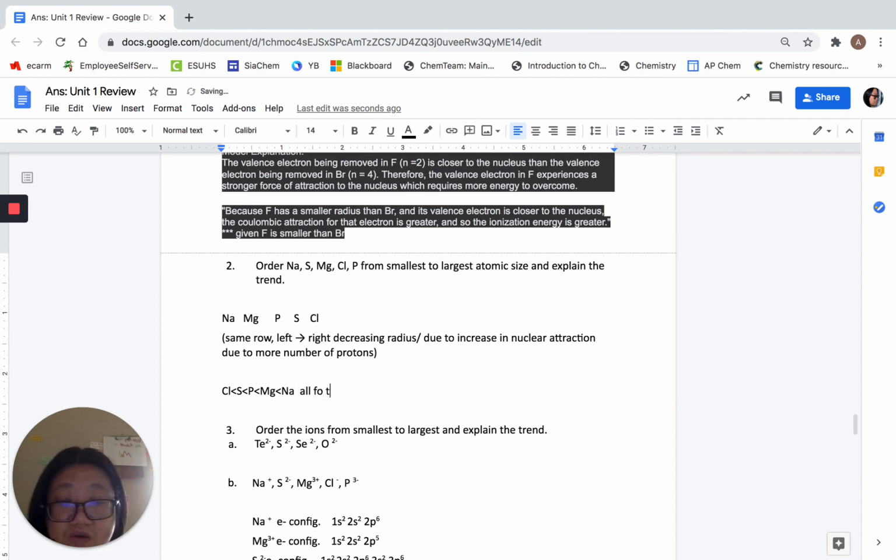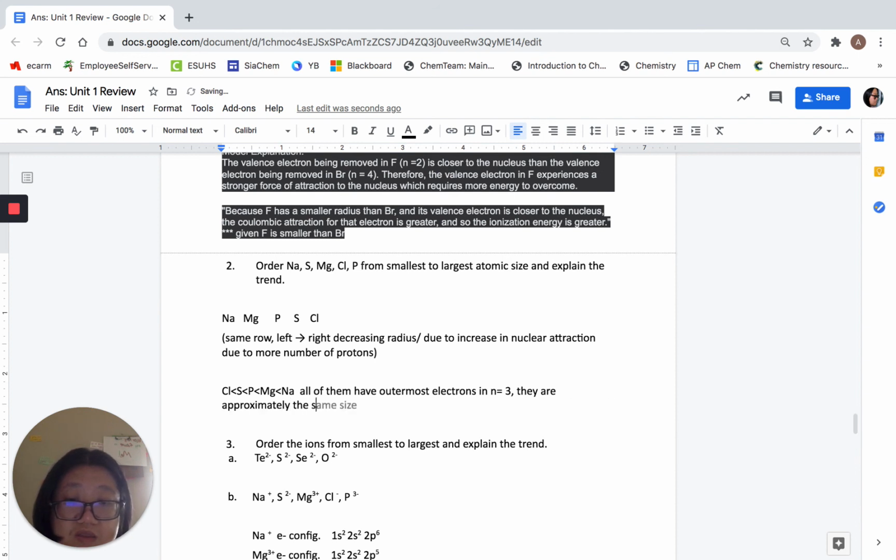You can say all of them have outermost electrons in n equal to 3. They are approximately the same distance from the nucleus.